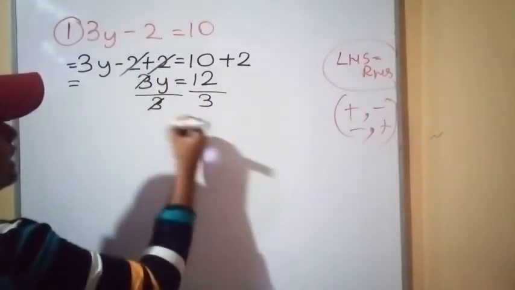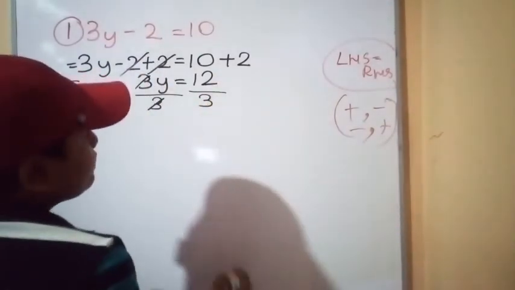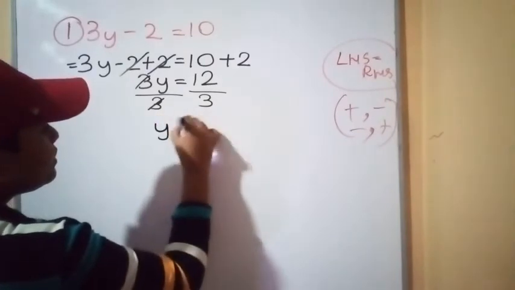The 3 cancels with the 3, and 12 divided by 3 gives y equals 4.